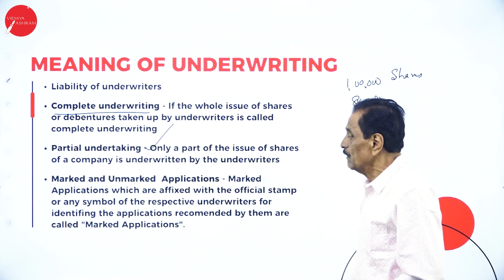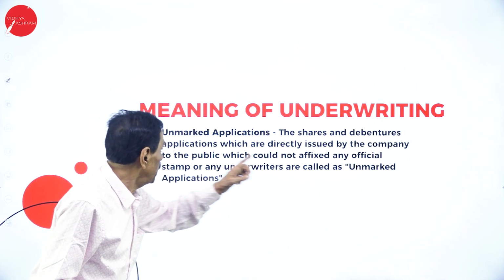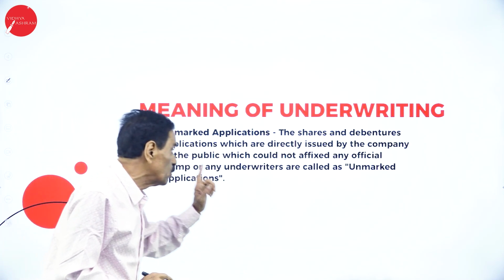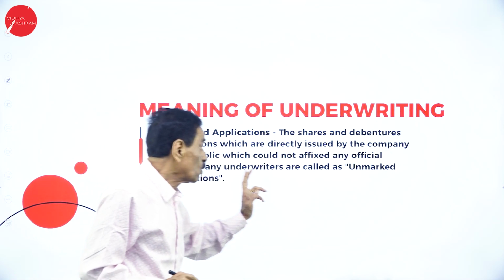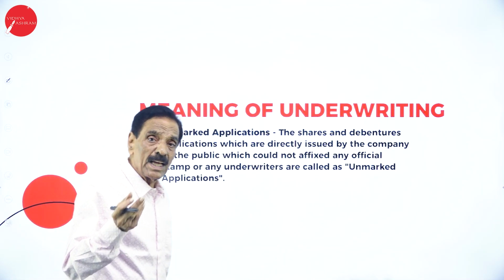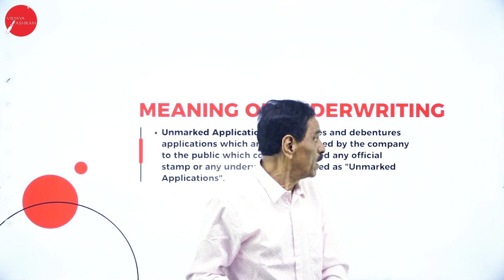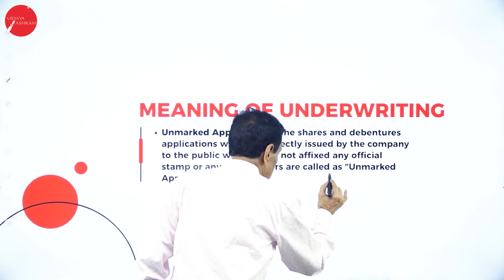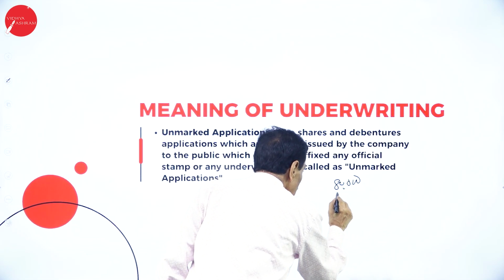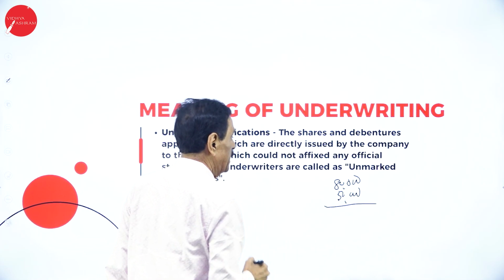Then we'll move on. Unmarked applications are the applications for shares and debentures which are directly issued by the company to the public, which do not carry any official stamp of an underwriter. This is called unmarked. So there are some applications which are not taken by the underwriters. Assume that out of 80,000 shares, only 50,000 shares are taken by the underwriters.